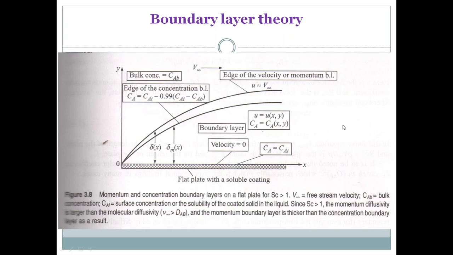A similar thing you have already studied in heat transfer, in that case the Prandtl number. Prandtl number was momentum diffusivity by thermal diffusivity. If the Prandtl number is greater than 1, your hydrodynamic boundary layer will be thicker and your thermal boundary layer will be thinner. If the Prandtl number is less than unity, then your thermal boundary layer will be thicker and your momentum boundary layer will be thinner.